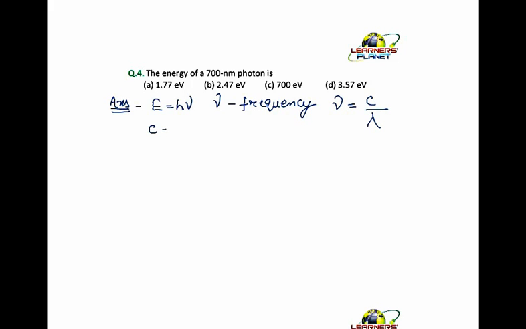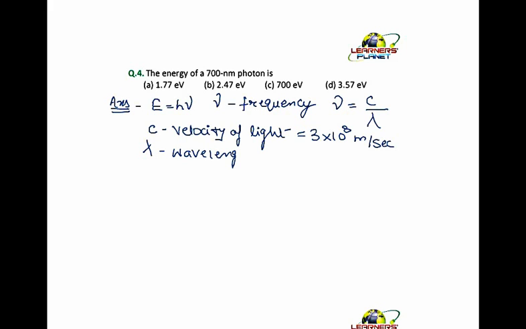What is c, students? c is the velocity of light, and its value is 3 into 10 to the power 8 meter per second. Now what is lambda? Lambda is the wavelength of the photon.